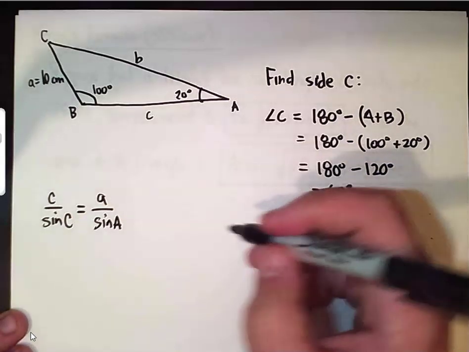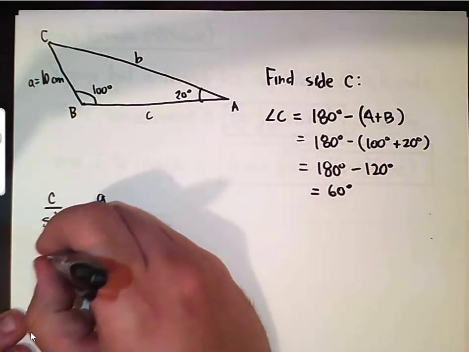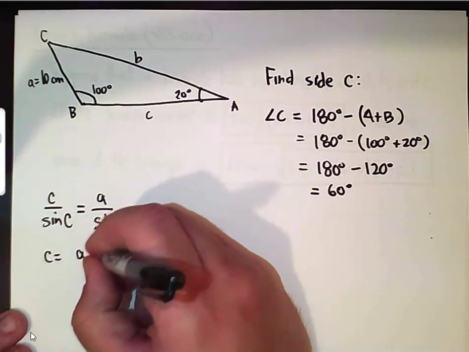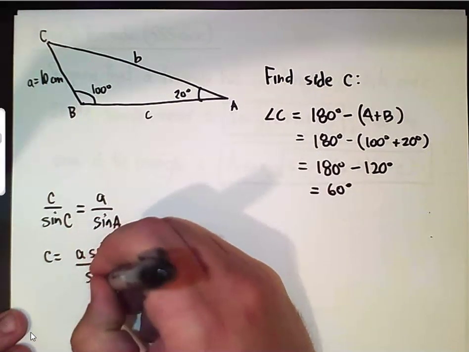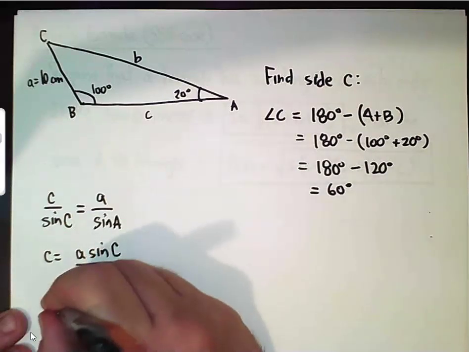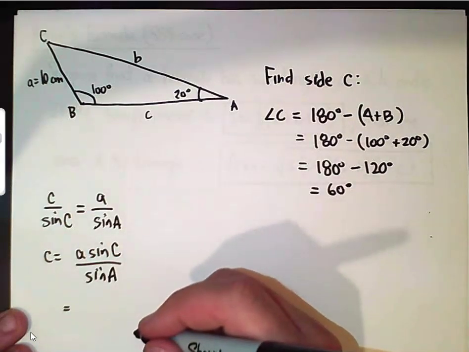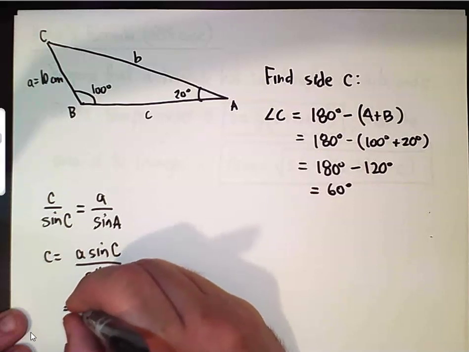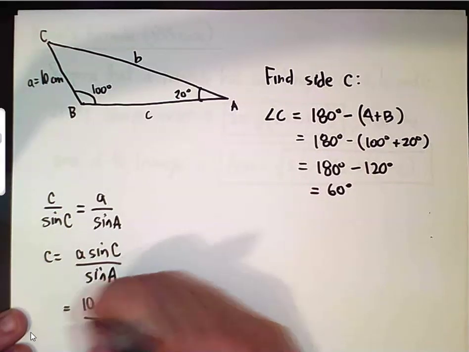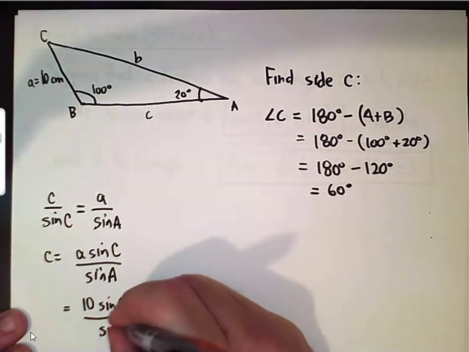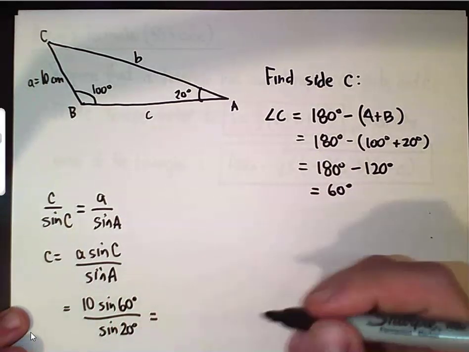So in this case, side c is equal to a times the sine of angle C divided by the sine of angle A. That's going to be 10 times the sine of 60 degrees divided by the sine of 20 degrees.